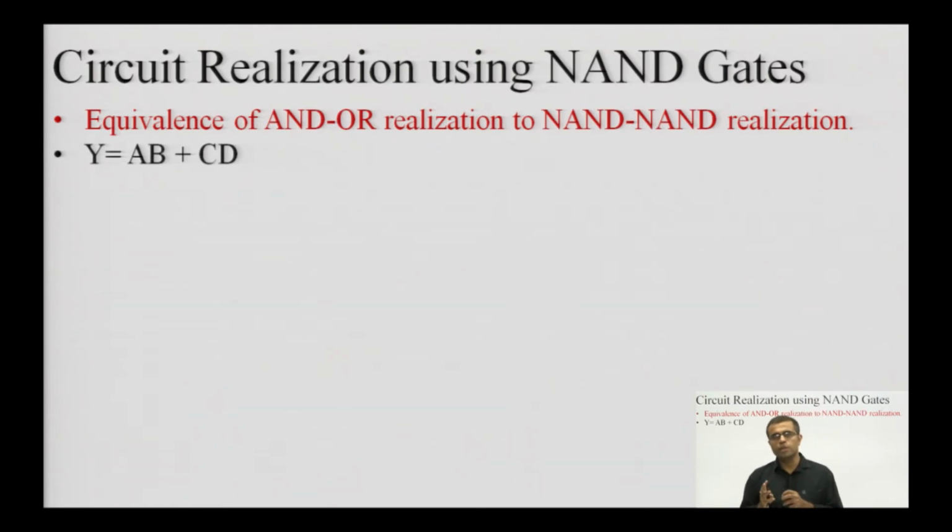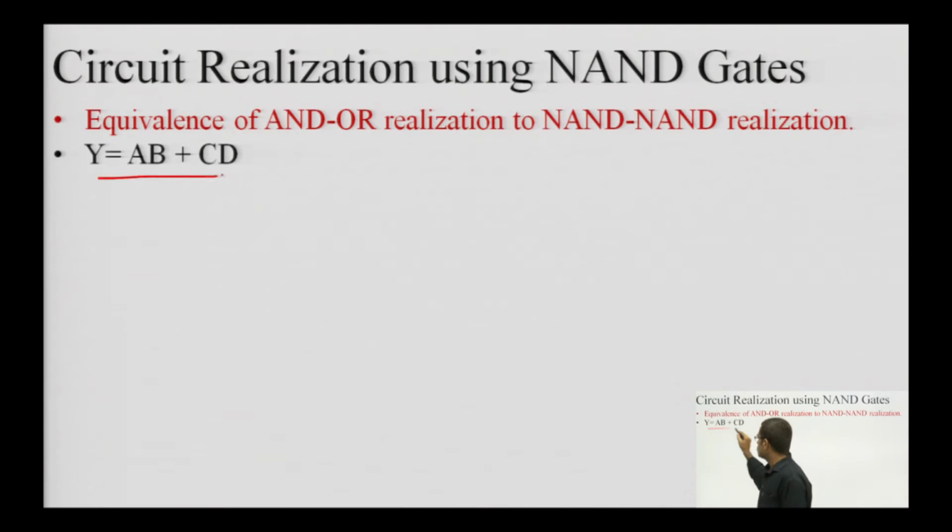So, we have to generate some equivalences. I have to prove that the AND-OR realization is equivalent to NAND. That means AND and OR can be replaced with NAND. So, we have to prove that it can be done.